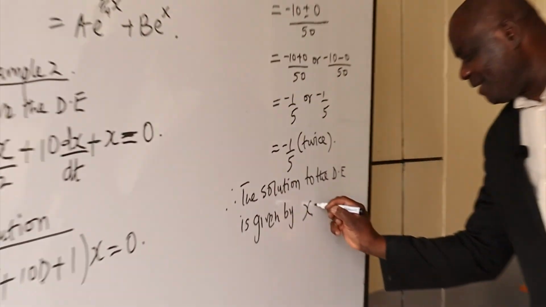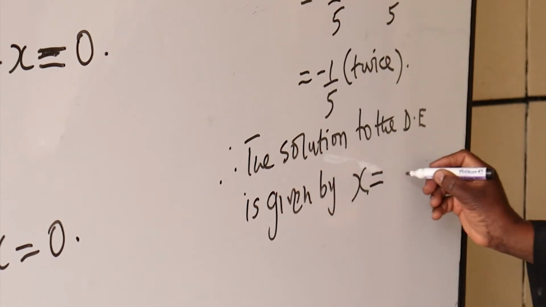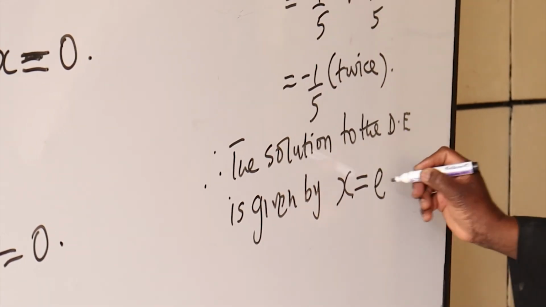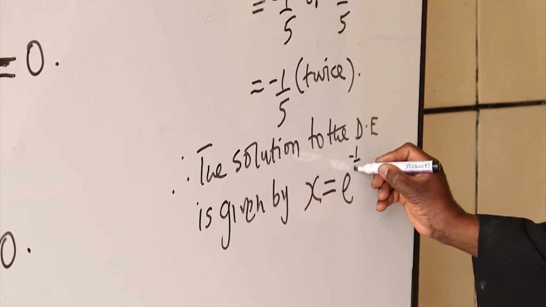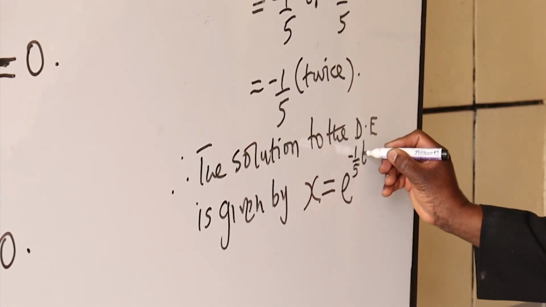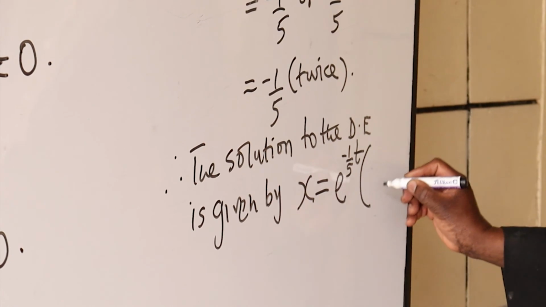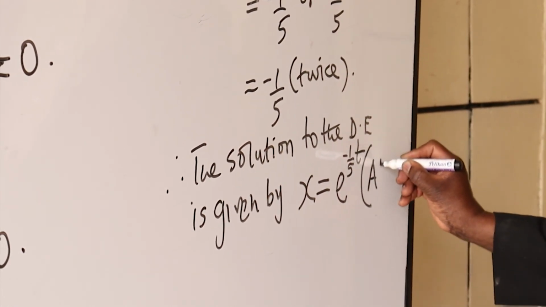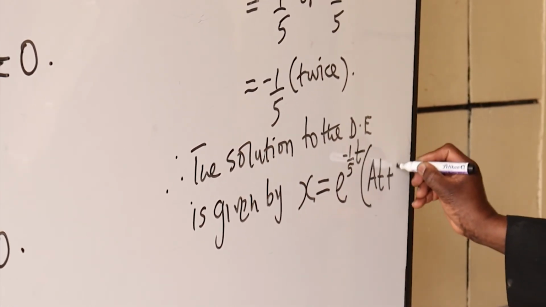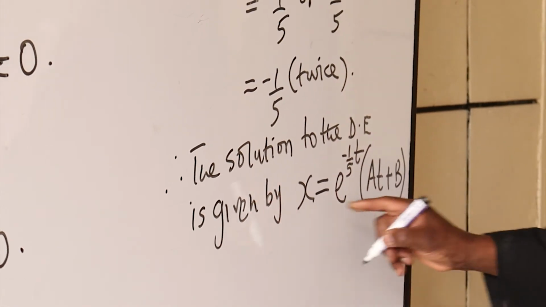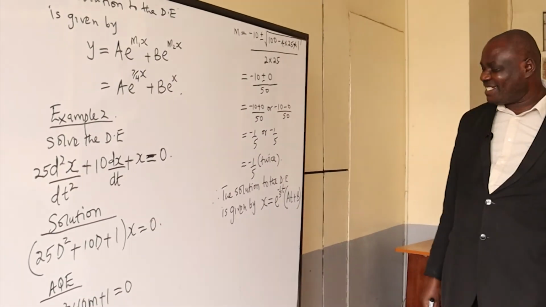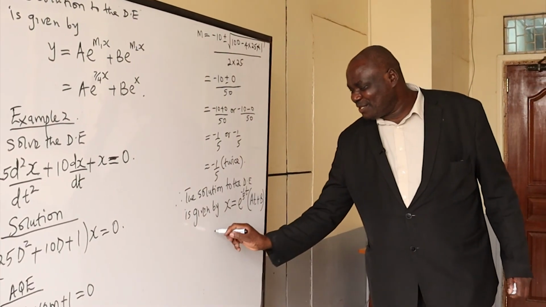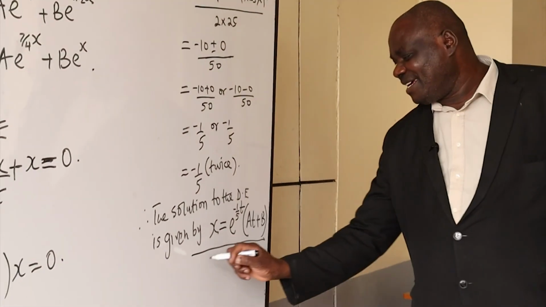So x will be equal to e power our m, which is negative 1 over 5, multiplying t, times (At plus B), not x, because x is a function of t. Here we don't have y as a function of x. So this becomes the solution to that differential equation.